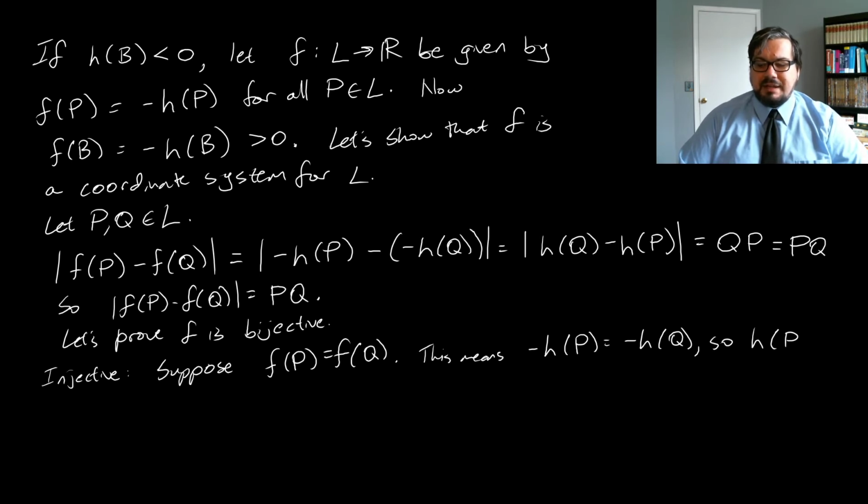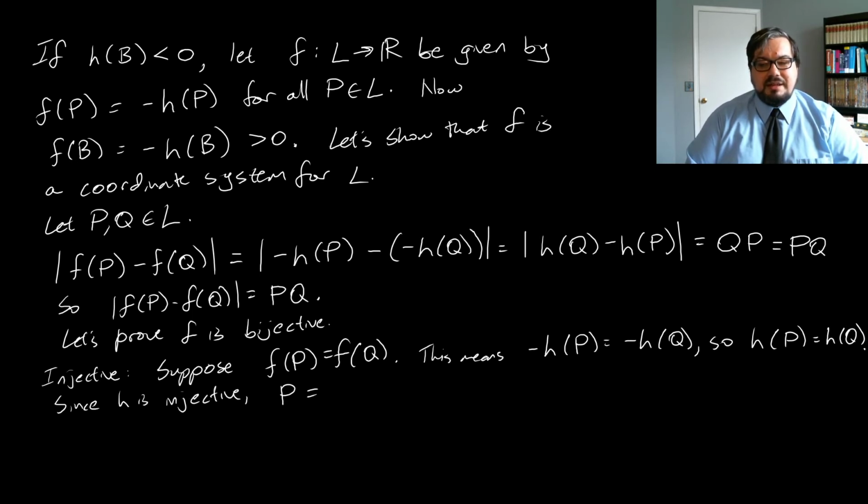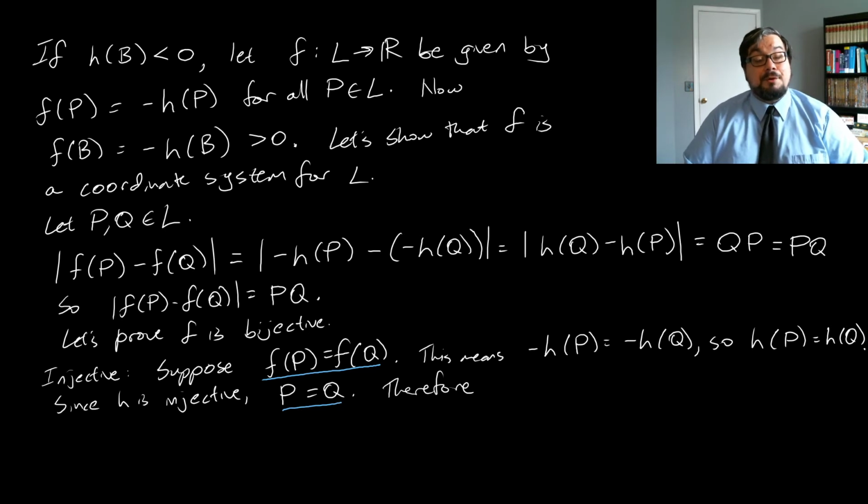So h of p equals h of q. But since h is injective, this means that p equals q. So we started with the assumption that f of p equals f of q. Our conclusion was that therefore p has to equal q, which means that f is injective.